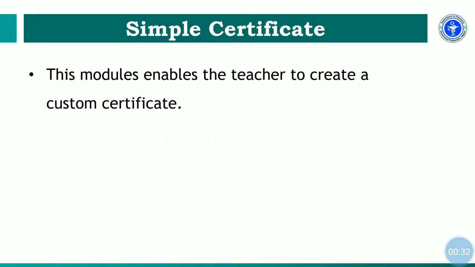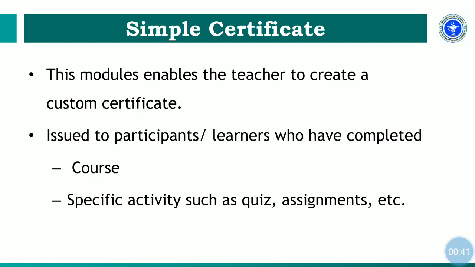Simple certificate is a module or activity which helps the teacher to create a custom certificate, and then the teacher can issue or award this certificate to the participants or learners who have completed the course or a specific activity fixed by the teacher, such as quiz, assignments, etc.